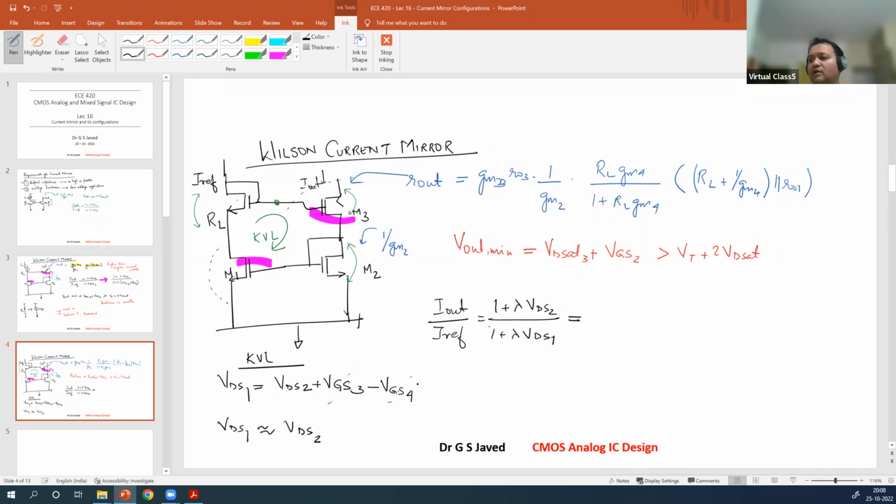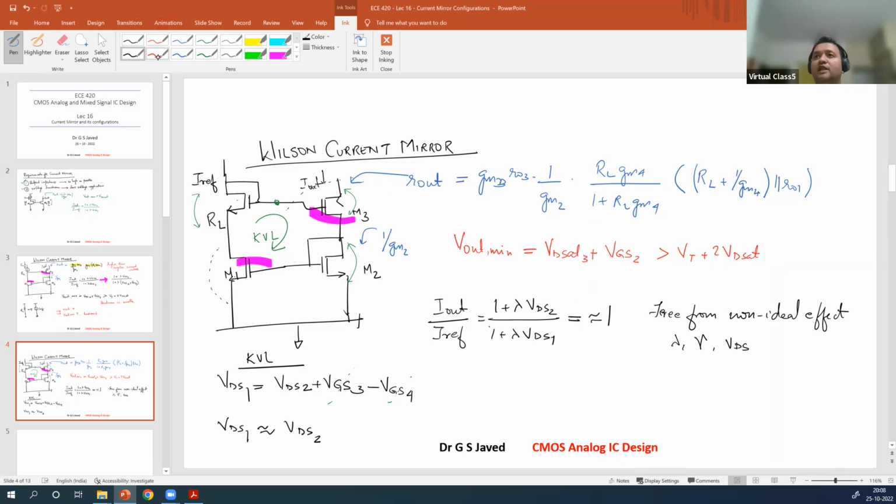Now if you put that approximation into this circuit, you see this will nearly be equal to 1. So this circuit becomes free from non-ideal effects. Non-ideal effects such as lambda, gamma, VDS can all lead to non-ideal effects.